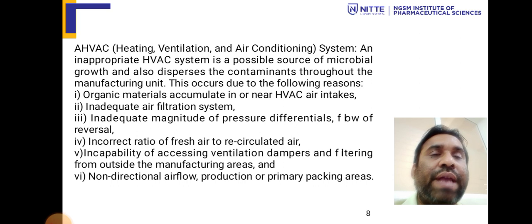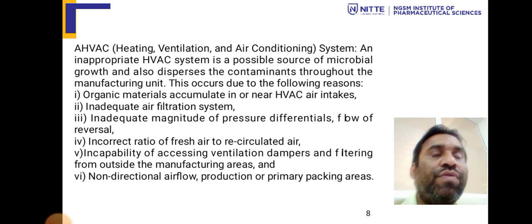We'll see what an HVAC system is. An HVAC system is nothing but a heating, ventilation, and air conditioning system. An HVAC system is a possible source of microbial growth and also disperses contamination throughout the manufacturing unit.